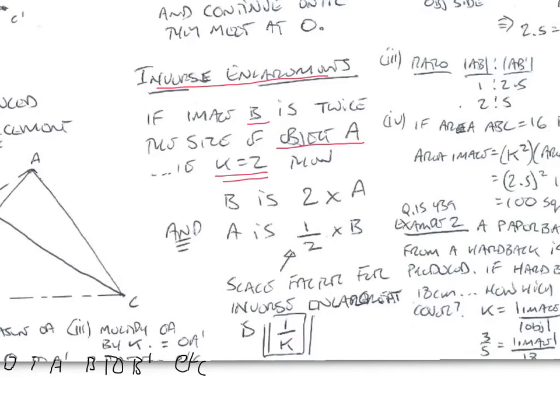And we can say B is 2 times or twice A. But we can also say the inverse of that is that A is half of B, or half times B. So the scale factor for an inverse enlargement is always 1 over K. So if you have an enlargement of K equals 3, the inverse enlargement would be 1 over 3.